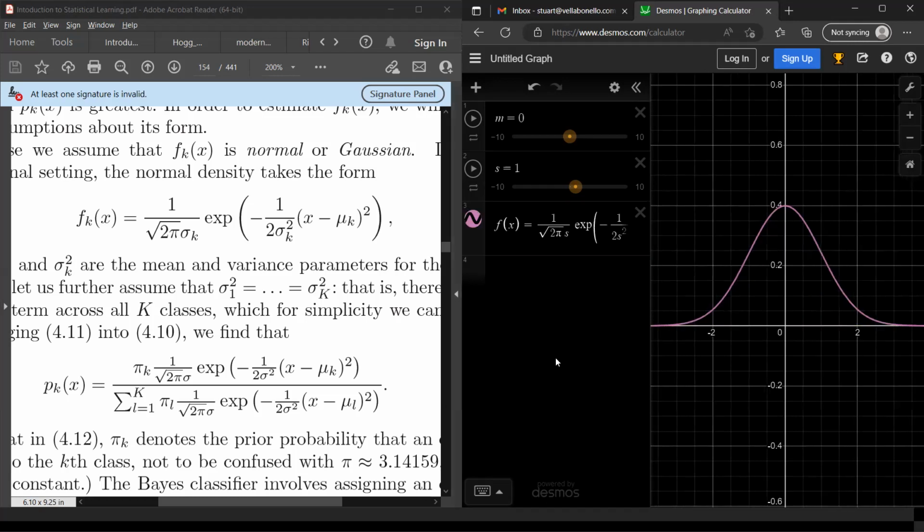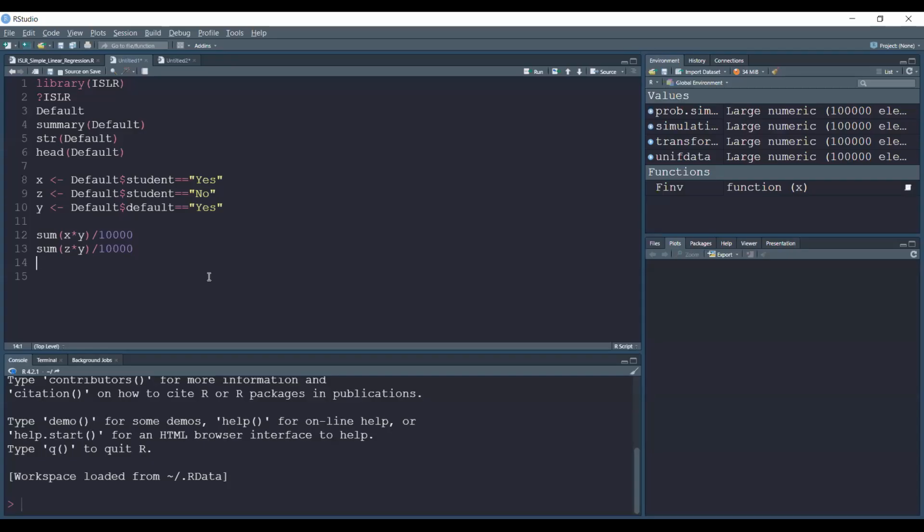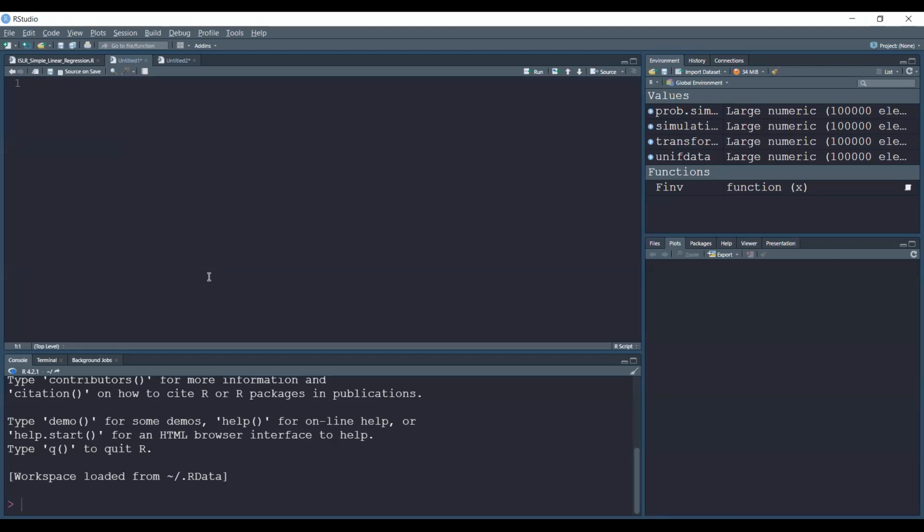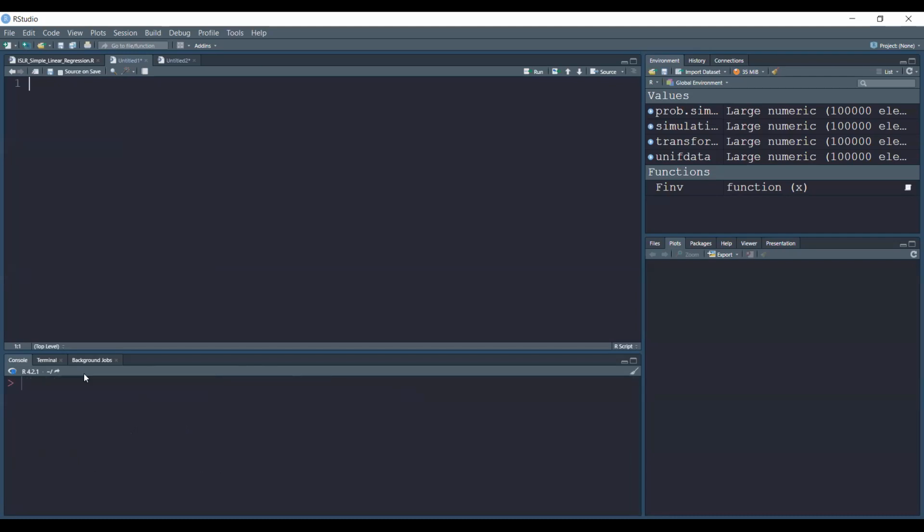In R, you can simulate values from the normal distribution very easily by doing rnorm, for normal distribution, 100 of them with mean 0 and standard deviation of 1.